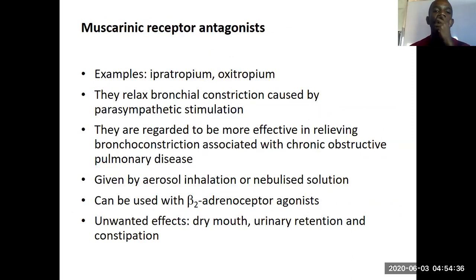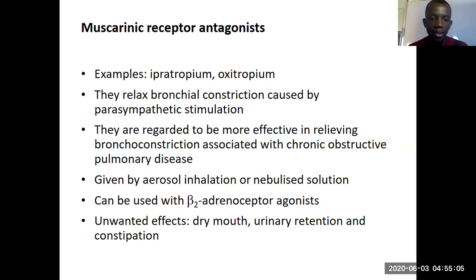Then we also have a class of drugs known as the muscarinic antagonists. Examples that we can give are ipratropium and oxitropium. Their mechanism of action is that they relax the bronchial constriction caused by parasympathetic stimulation. They are regarded as more effective in relieving bronchoconstriction associated with chronic obstructive pulmonary disease.